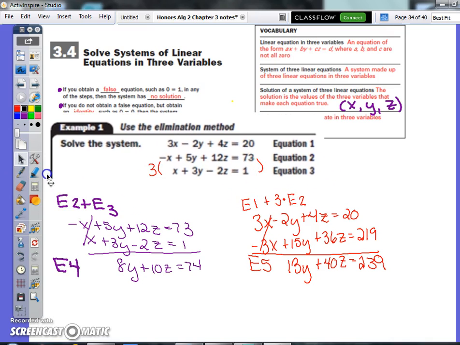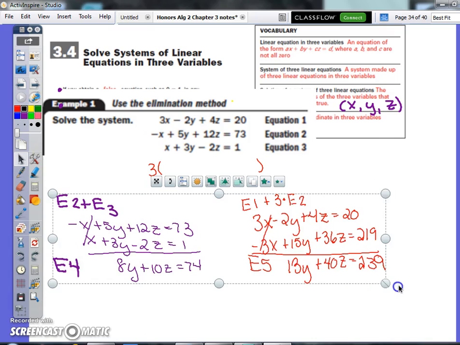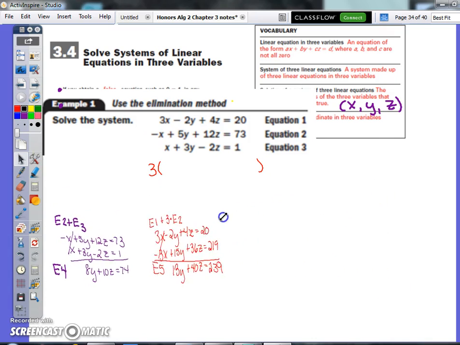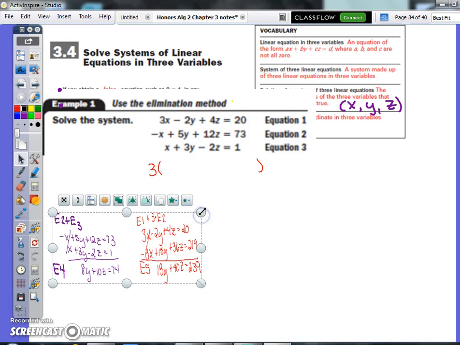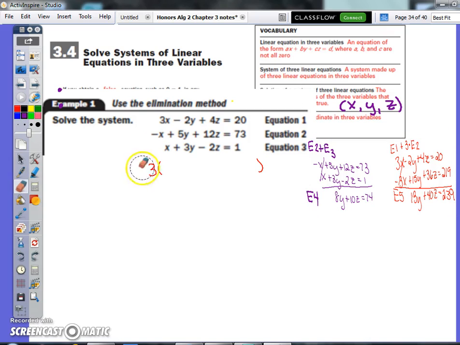Give me a second to make this smaller. Move it to the side so we still have it. All right, so we're going to have negative 4 times equation 4 plus equation 5.